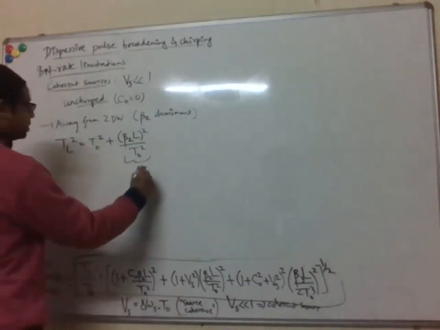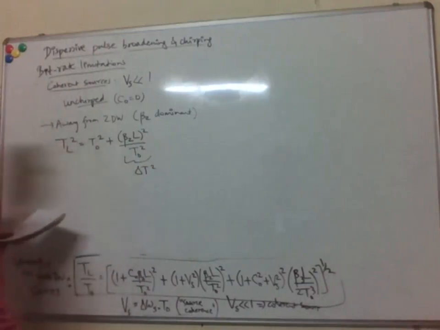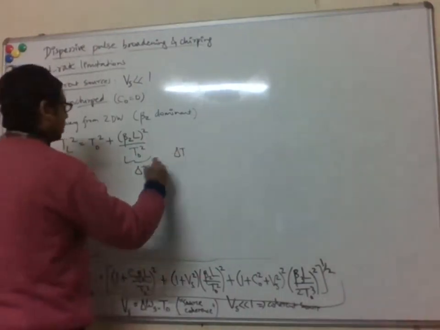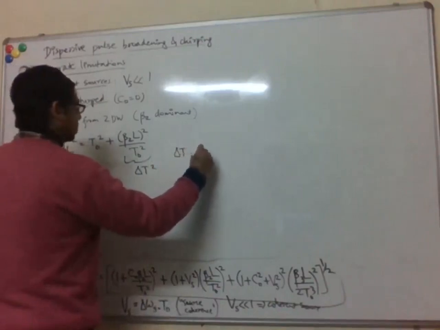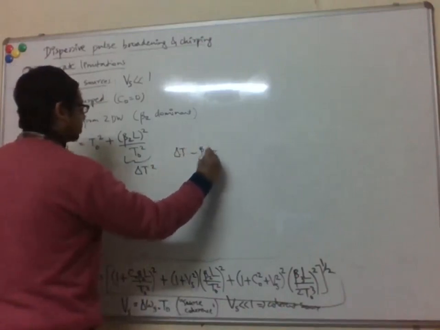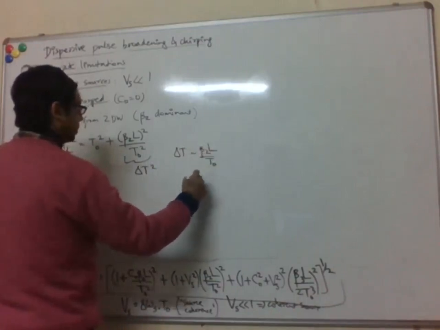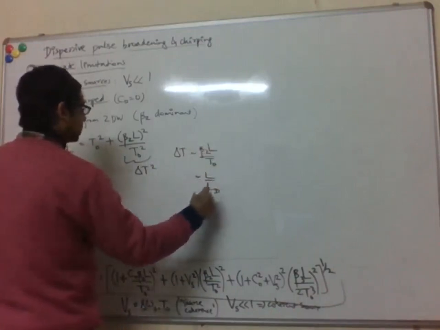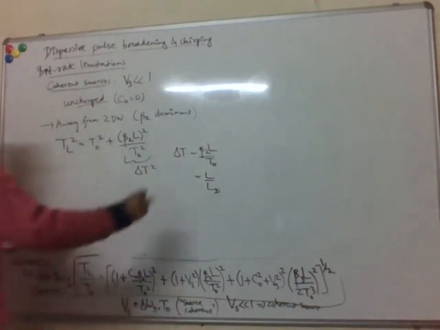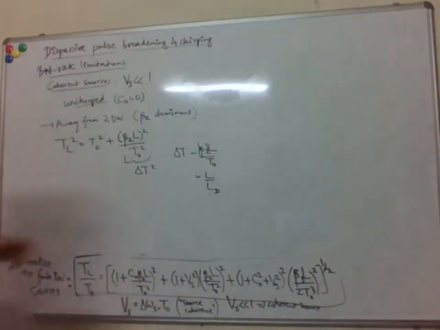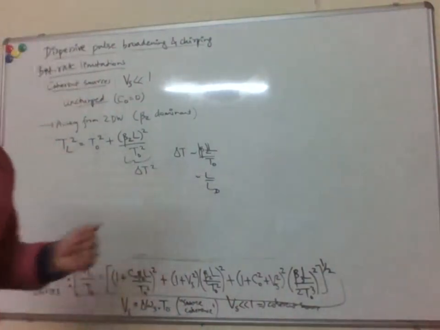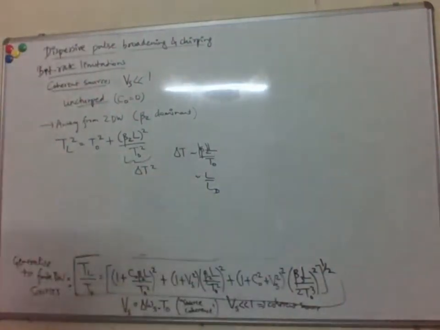If we take this as some delta t square, you can see that the broadening induced due to dispersion is basically just beta 2 L over T naught. So this is basically like L over L D magnitude. The amount of broadening is just how many dispersion lengths you have.